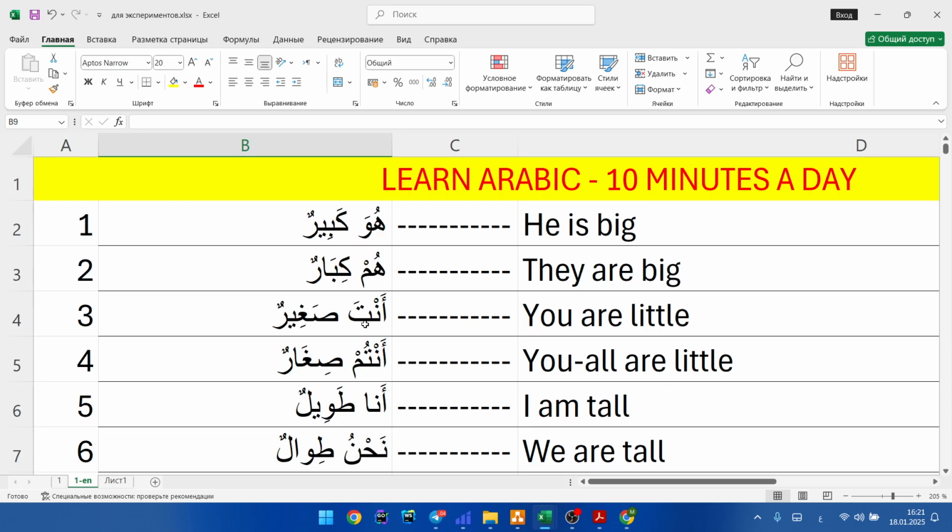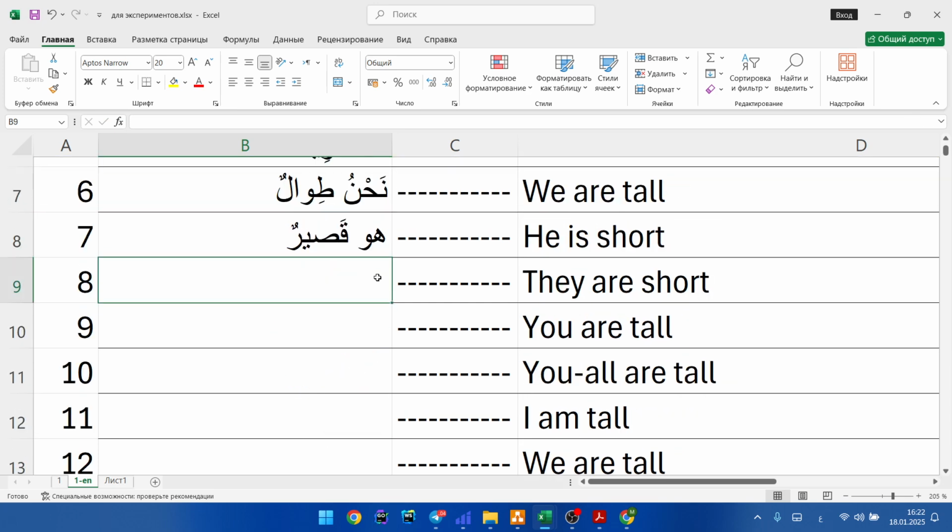How to say they? هم. We might write it without harakats because we understand which harakats should be there. هم قصار.